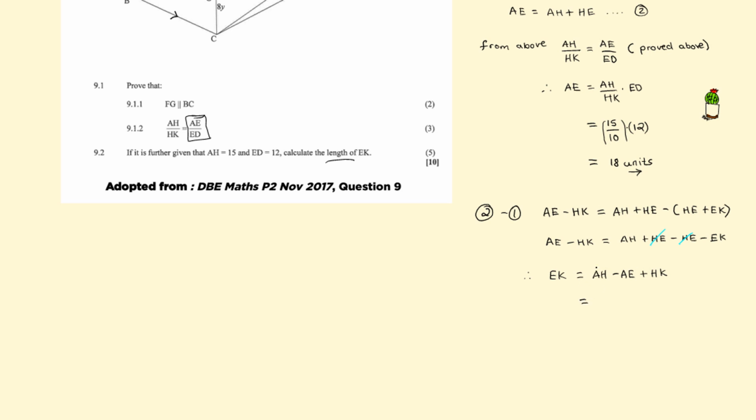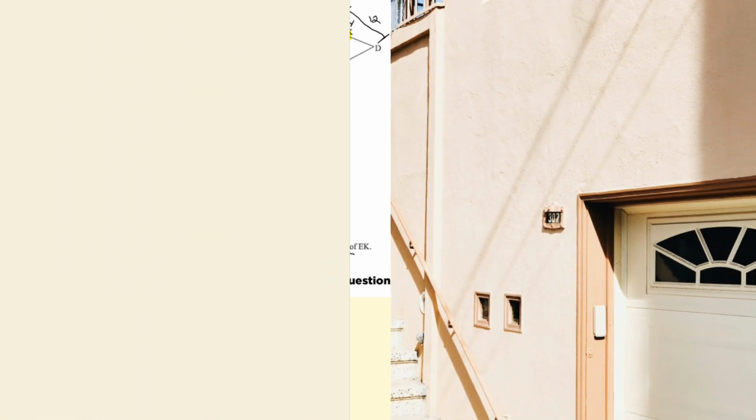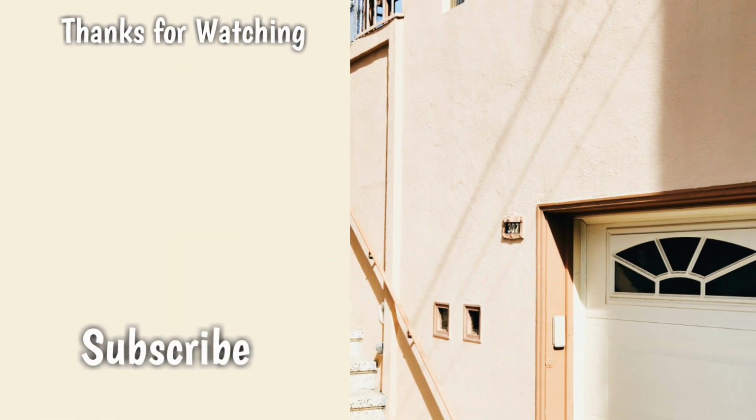Remember, AH is given to us as 15, minus AE, which we worked out as 18 units, plus 10 for HK. Then when you plug all of this into your calculator, you get that EK is 7 units long. And that's it for our first example on how to use the proportionality theorem.